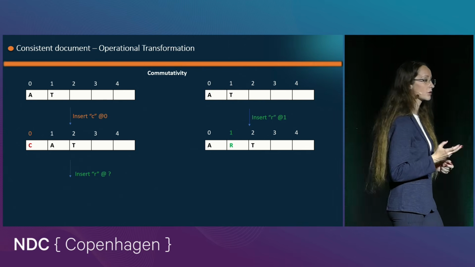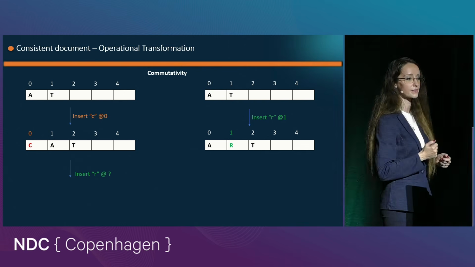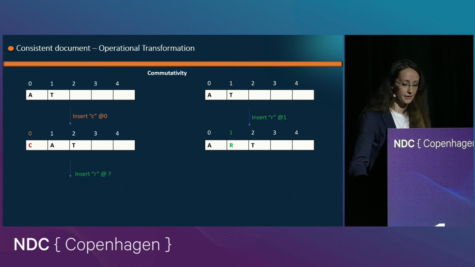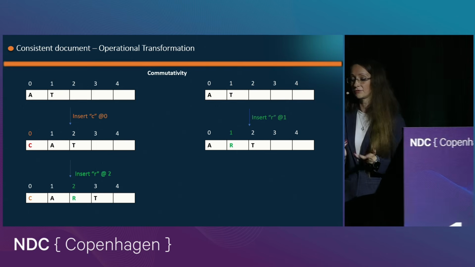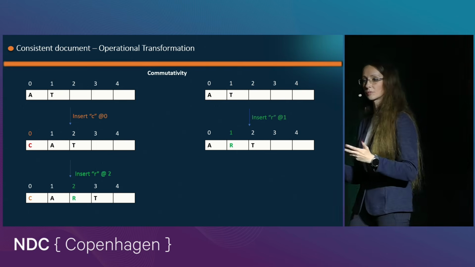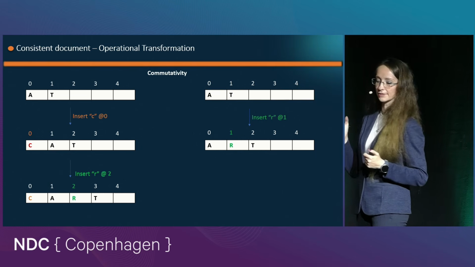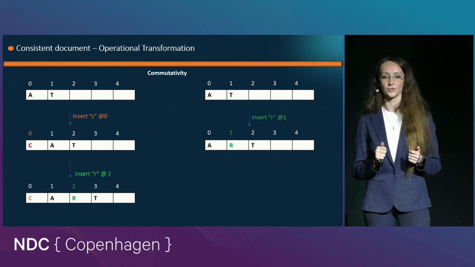We started to check a lot of parameters, and eventually we determined, we transformed that index where we are supposed to insert R, and that will be position 2.